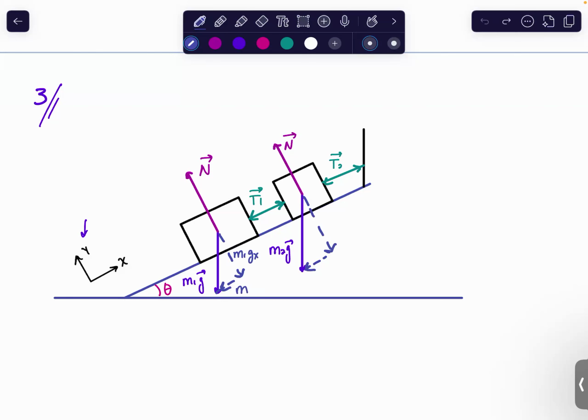Nope, did that backwards. That is the y component, x. Okay, so this is everything that we need.